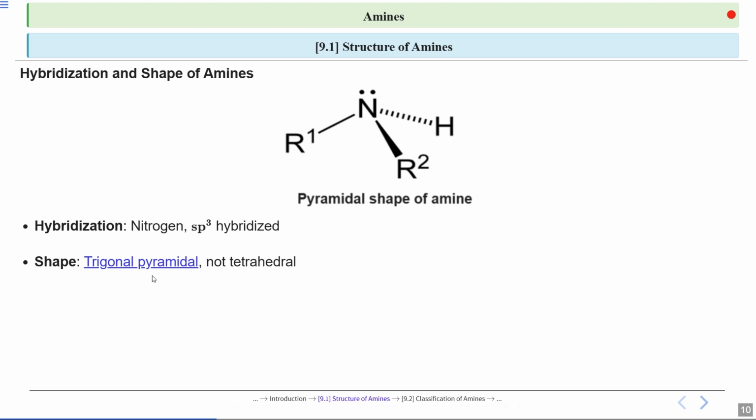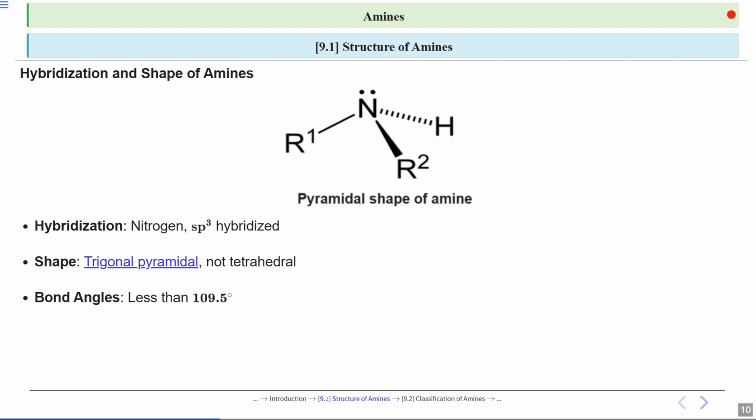Instead, it is trigonal pyramidal. Why? This is because one of the sp3 orbitals contains a lone pair of electrons. This nitrogen contains a lone pair of electrons, which pushes the bonded atoms down and creates a pyramidal shape. So the hybridization of amine is sp3 and the shape is trigonal pyramidal.